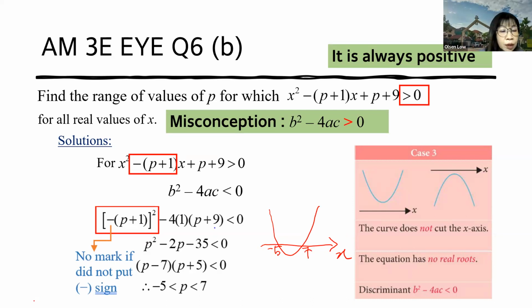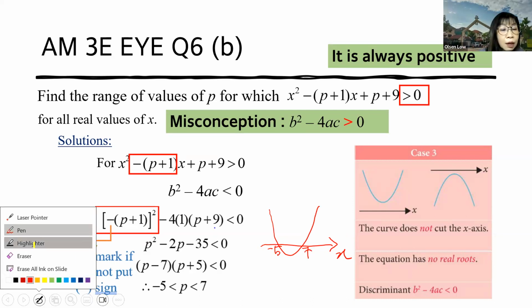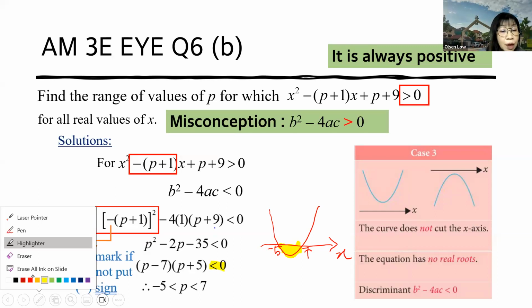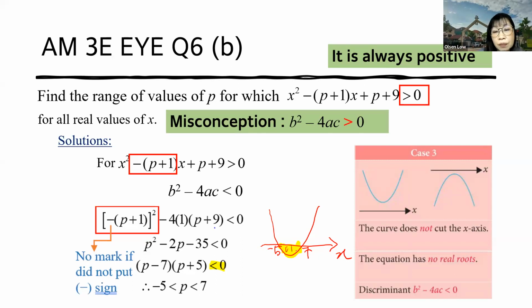Since the inequality sign is less than 0, we are referring to the bottom part of the graph. So the range of values that satisfy this inequality will be within this range. Hence, the result for this question is p is between negative 5 and 7.